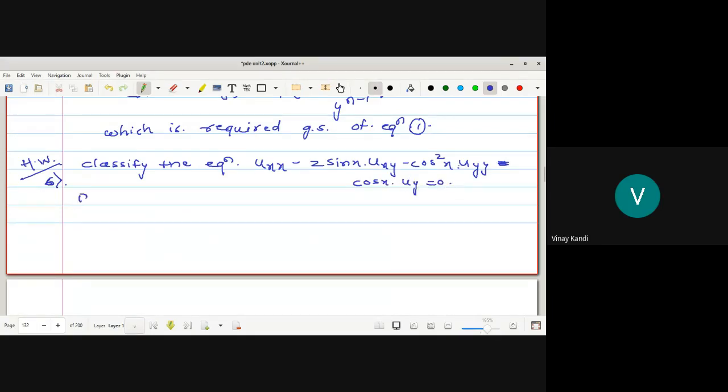Reduce this equation to the canonical form and obtain its general solution.